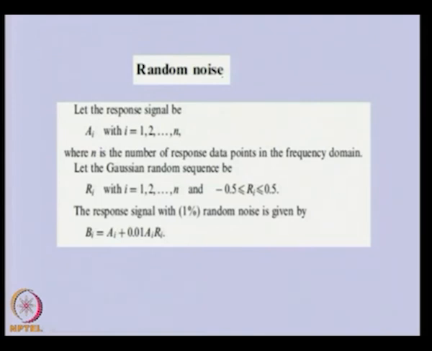To mimic that, we are adding random noise to the numerically generated response, which we will use for estimation of the residual unbalance. This is the procedure in which we have added the random noise.